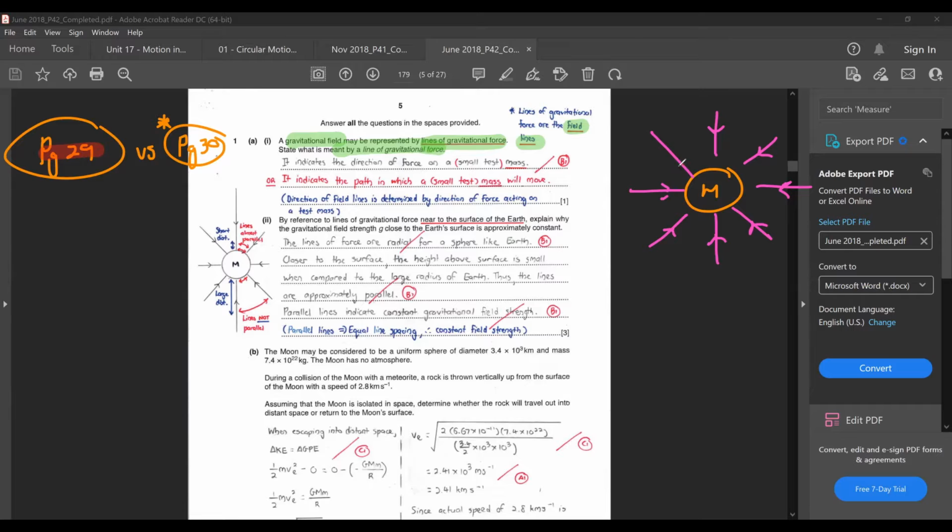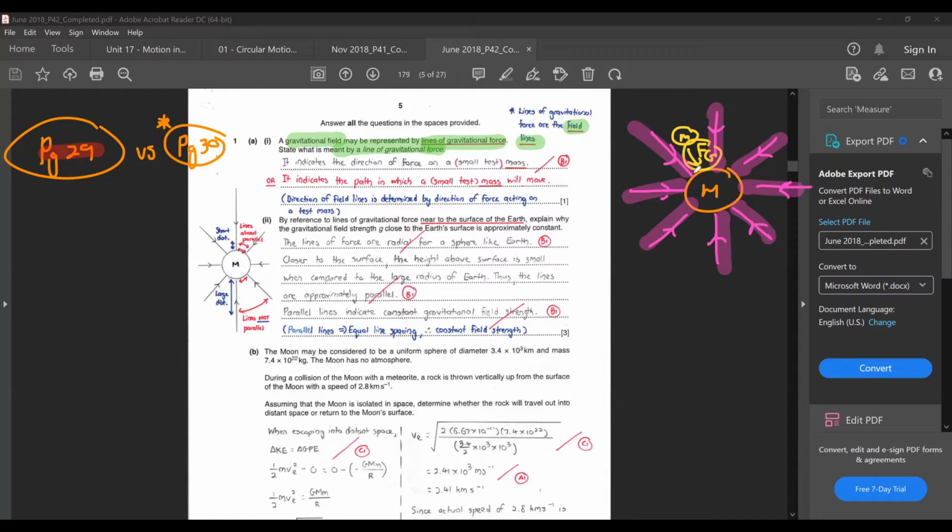If I were to place a test mass right over here in the field, that mass will be pulled towards the larger mass at the center here. There's a gravitational force acting on the test mass, pulling it towards the larger mass. At the beginning of this chapter, I mentioned that field lines can be used to represent your gravitational field, but the field lines themselves have a direction to them.